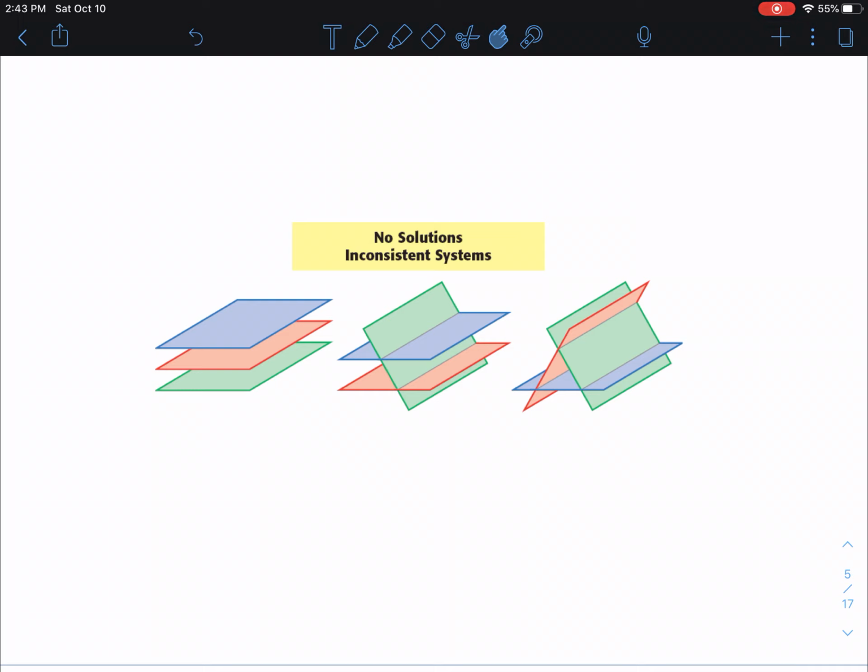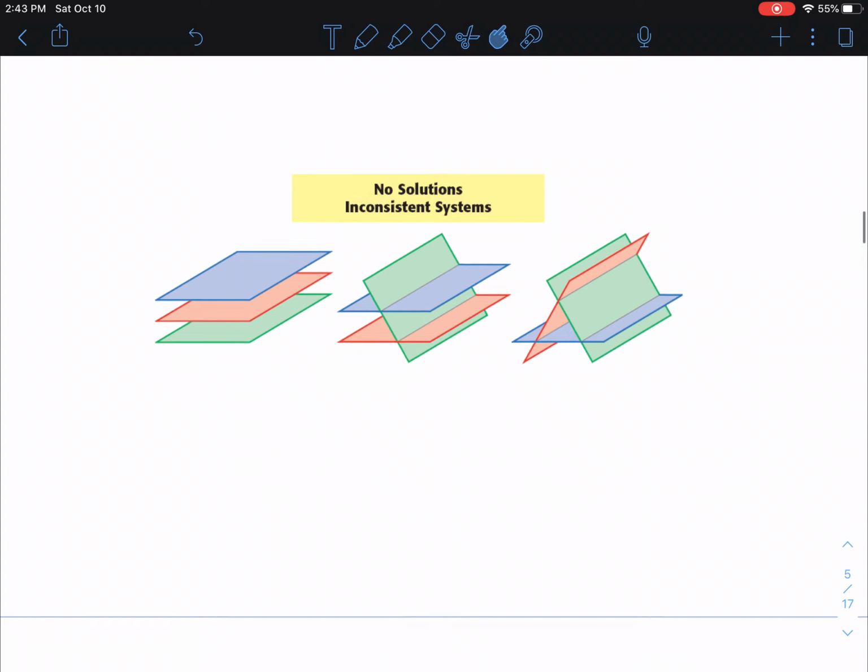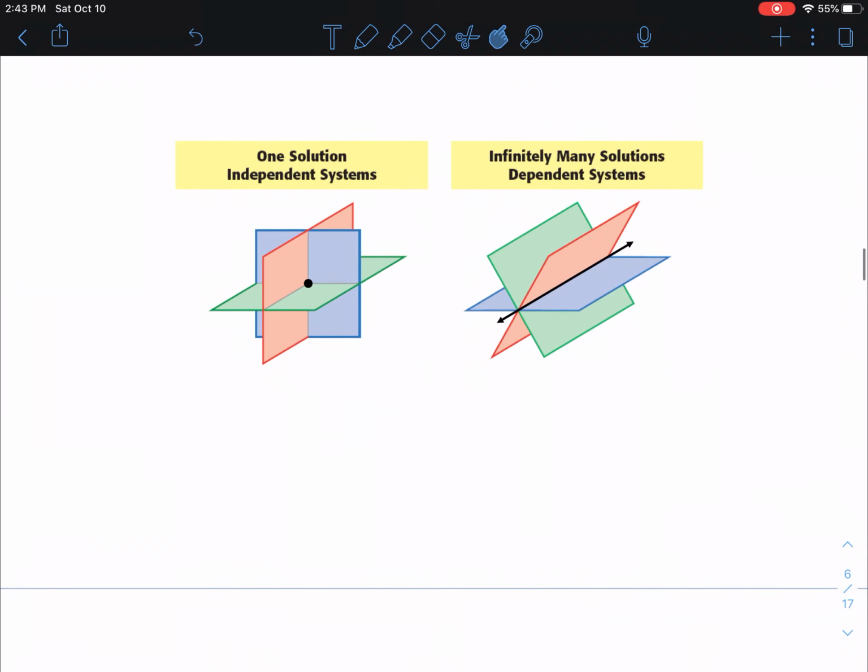This would be examples where all 3 of them don't intersect in any one spot. You'll notice on the second and third ones, you get 2 planes to intersect somewhere, but not all 3. So really what we'll be looking at are ones where we do have a solution, and mostly we will be focusing on this one right here, where all 3 planes intersect at one point. Okay.